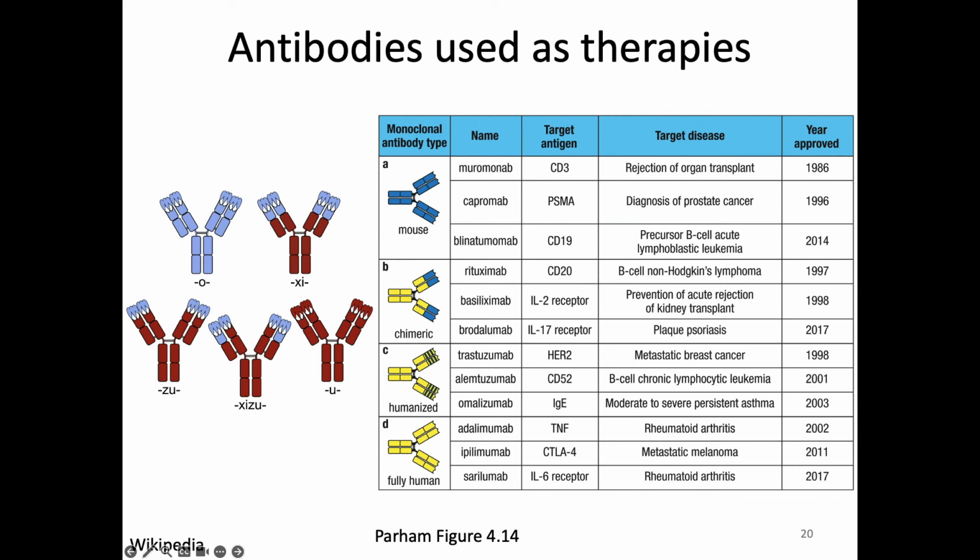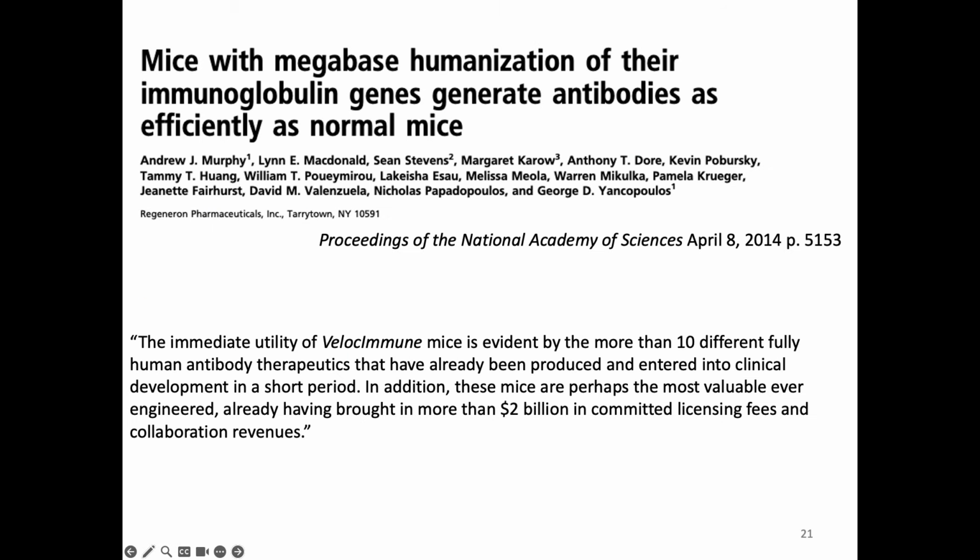One of the ways that we're able to make fully human antibodies now is that someone generated a mouse that has the entire human antibody genetics section. We basically put the entire human antibody gene region, which is a massive region of the human genome, into mice, so that we can have mice make human antibodies for us.